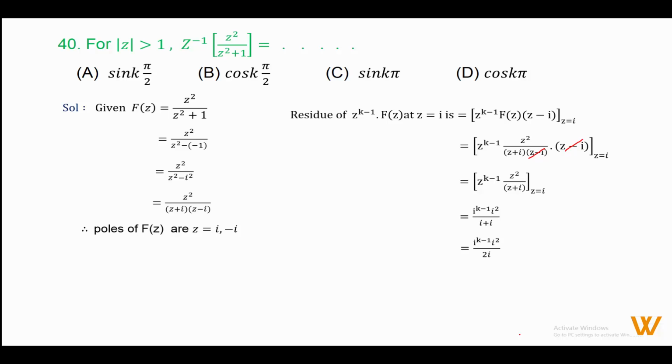Sum of indices: I raised to k minus 1 plus 1 is I raised to k upon 2. Therefore the residue at the pole z equal to I is I raised to k upon 2, and at the pole z equal to minus I it is minus I raised to k upon 2.